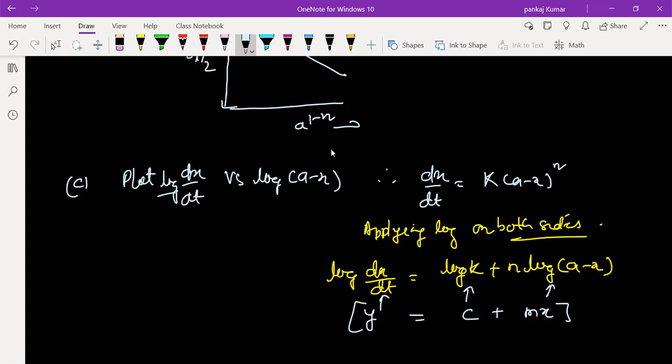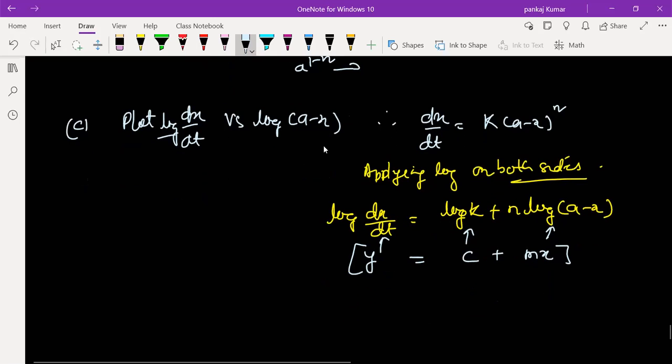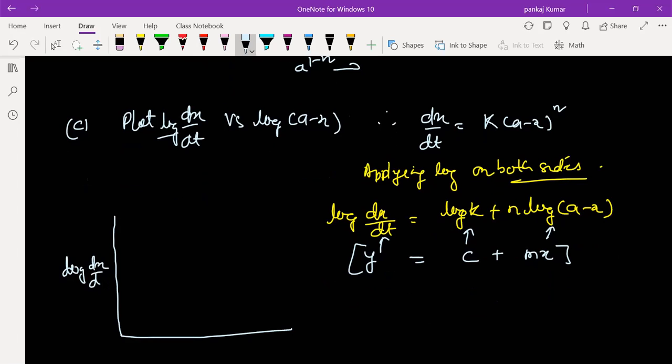And we can plot the graph, isn't it? If you plot the graph for this case, this is your log dx by dt, this will be log (a minus x), and we'll get the value.